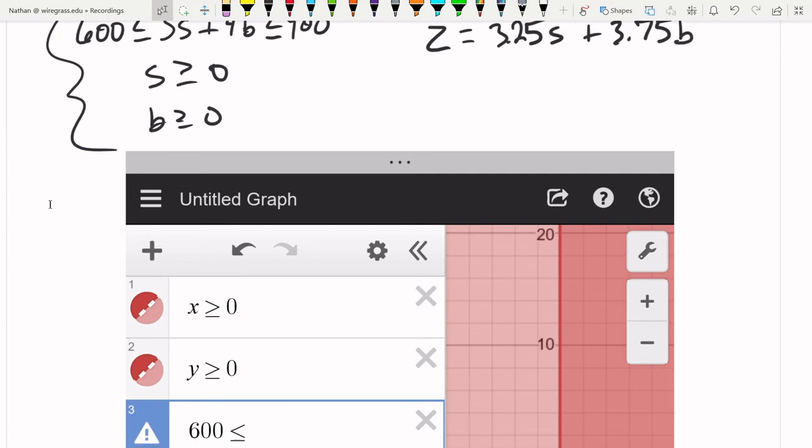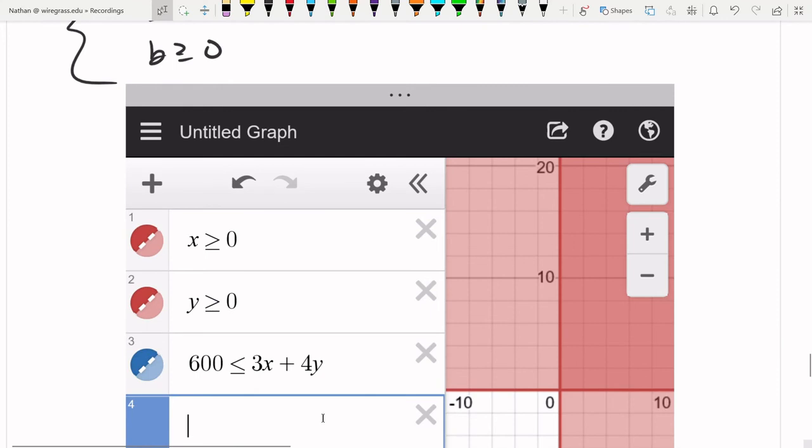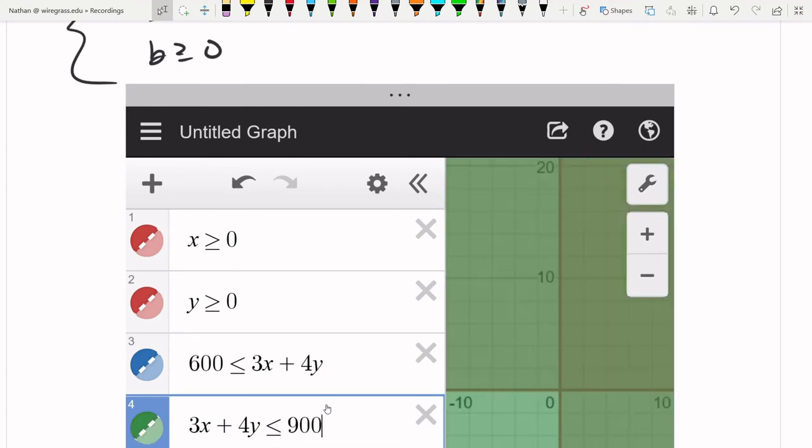This may not work in Desmos, let's just see. No, it's not liking that. We're going to have to do both individually. And then 3x plus 4y is less than or equal to 900.